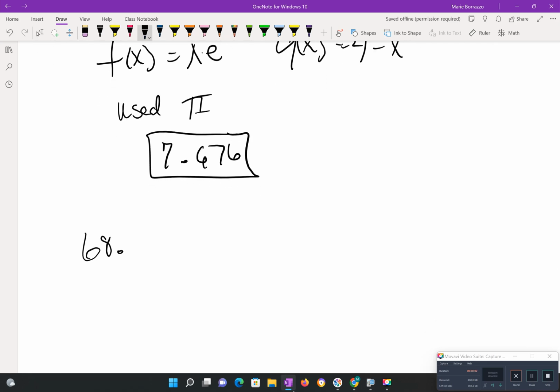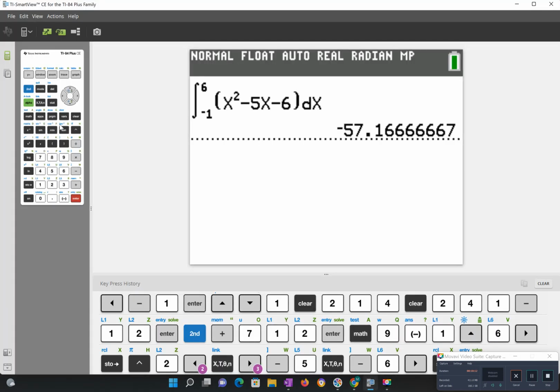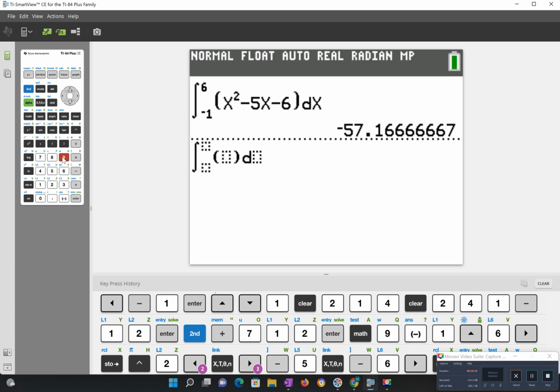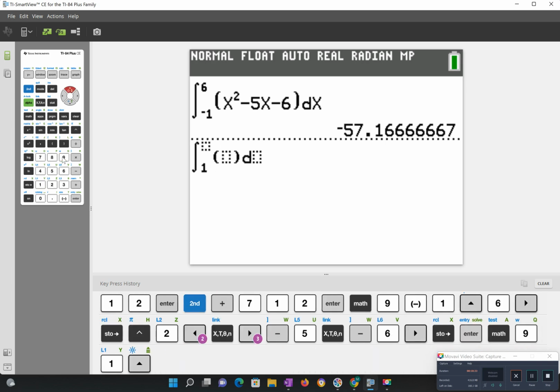Number 68. As you look at number 68, this is another question that without technology is almost impossible to solve. So we're going to put in our bound, which is 1, lower bound, upper bound is 5.